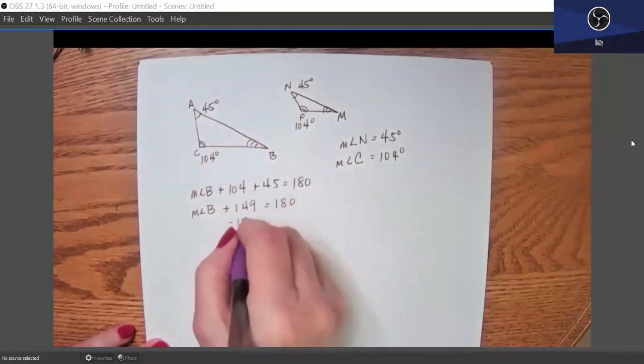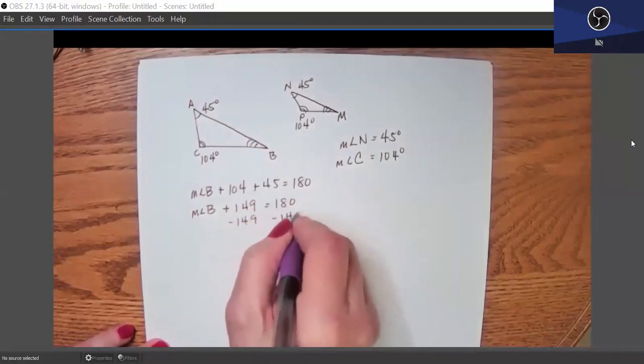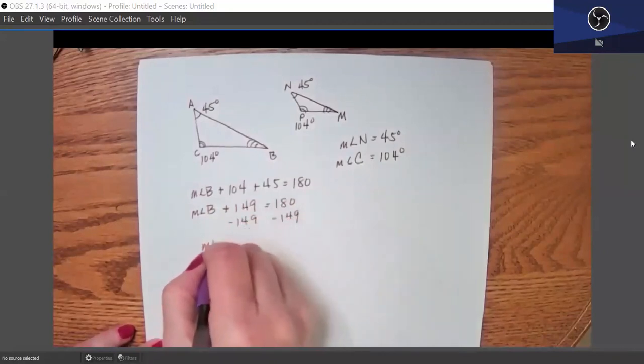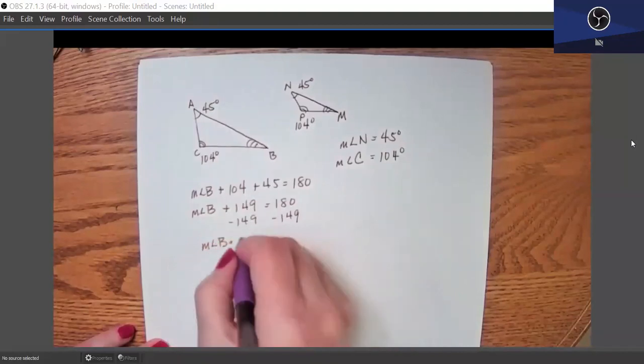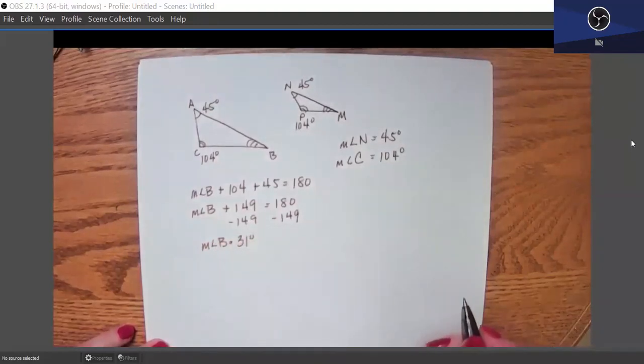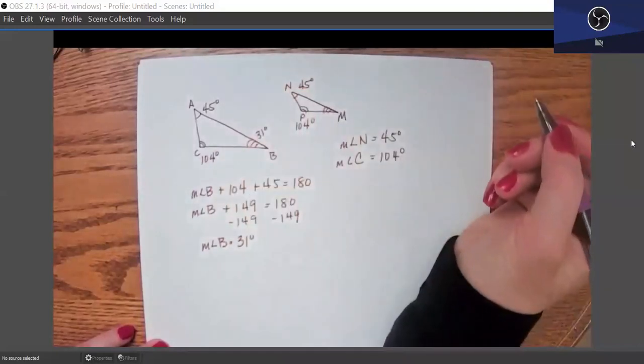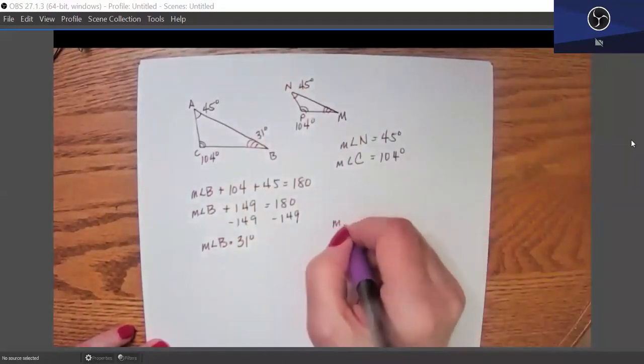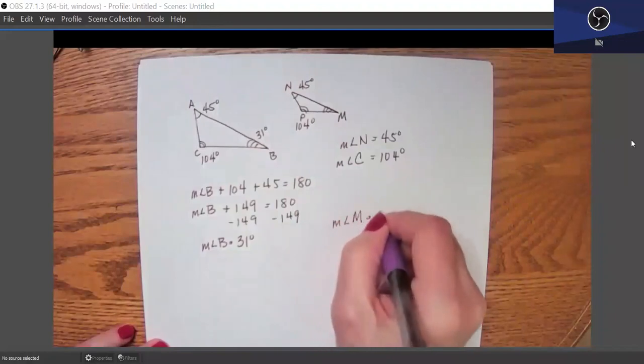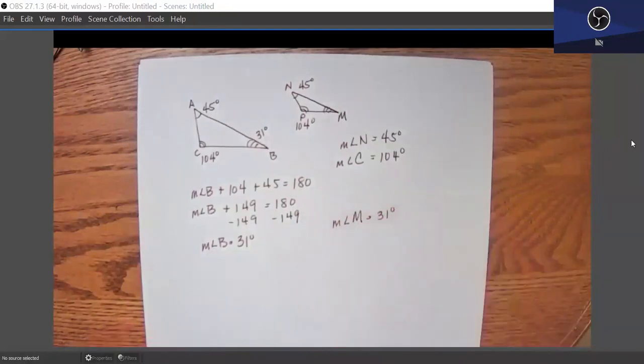Let's subtract 149 from both sides. So we get the measure of angle B is 31 degrees. And you know what? If B is 31 degrees, that must mean M is also 31 degrees because they are corresponding angles.